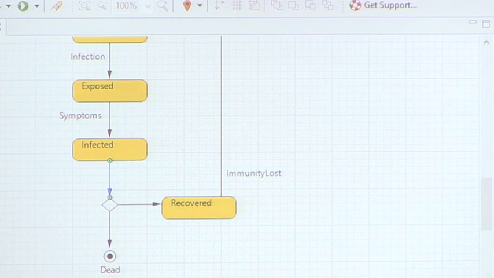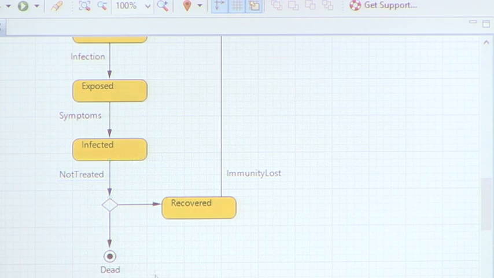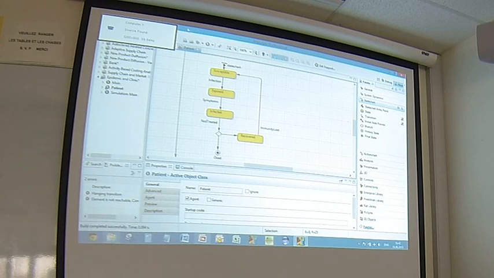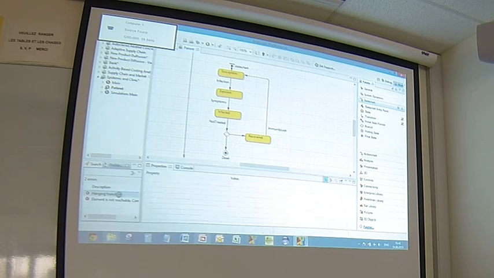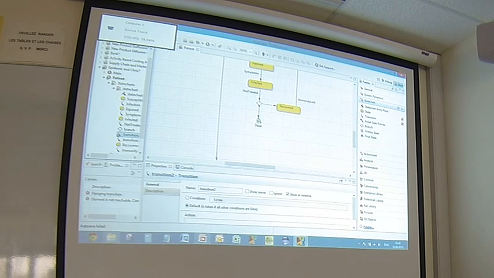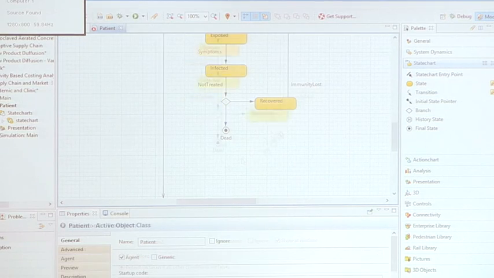And this is illness finishes and the person is not treated. I will simply say not treated. Okay. Connector. Okay.